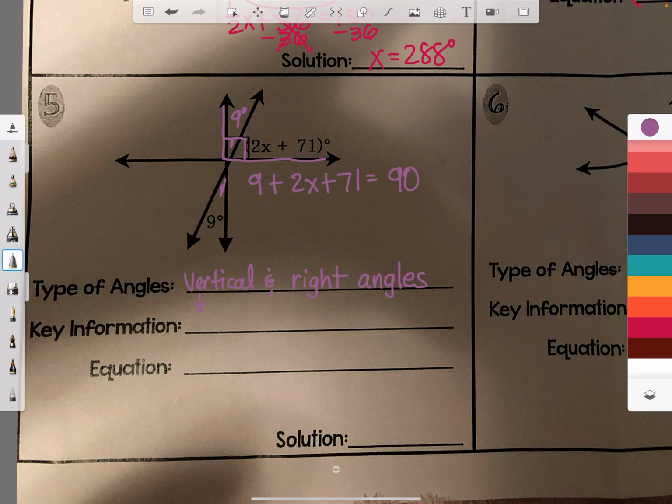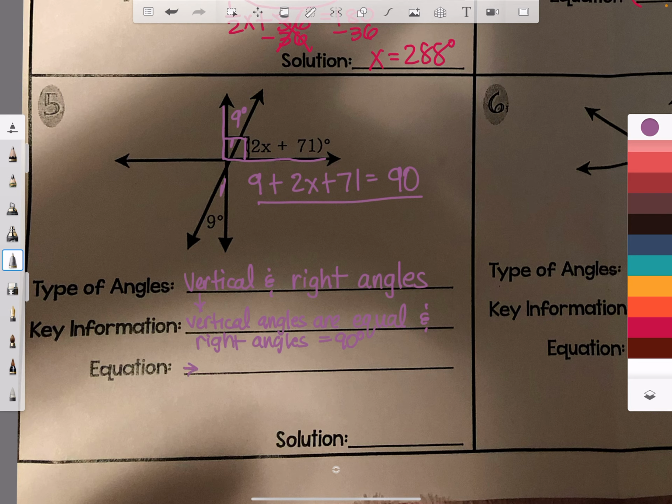You'll have to squish that in there somehow. Okay, so our equation is that right there. You can go ahead and just write it down on the spot on your own.